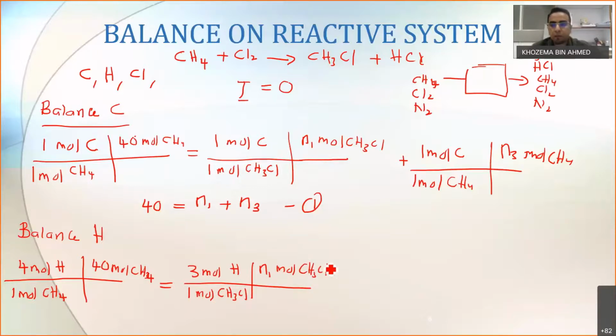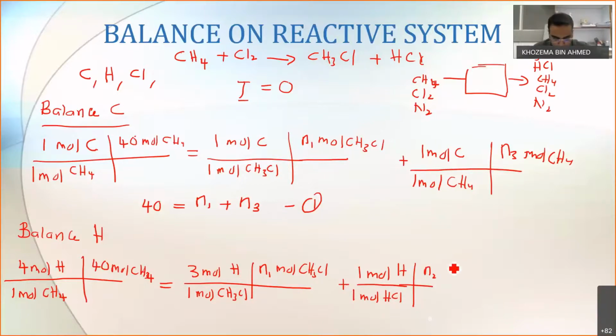And then we also have hydrogen in our HCl, so plus 1 mole of hydrogen in every 1 mole of HCl, and the mole of HCl is N2.